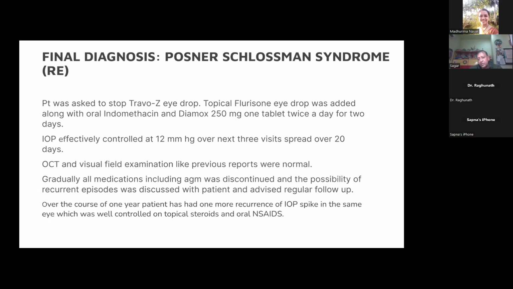Which cases do you give Indocap in? Very, very few cases actually. In this young fellow, I really didn't want to give steroids. I just wanted to see the effect of indomethacin, and I don't know whether the Dimox or the indomethacin took away the inflammation, or the fluorometholone.